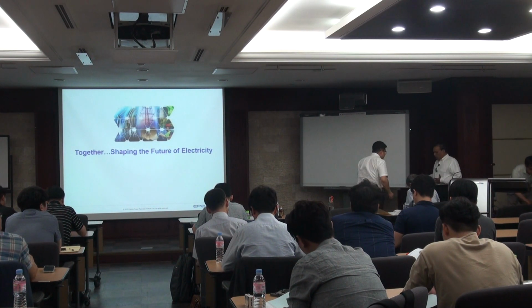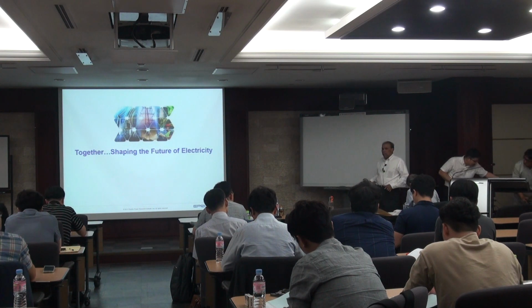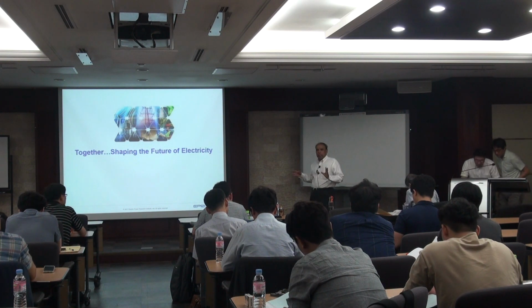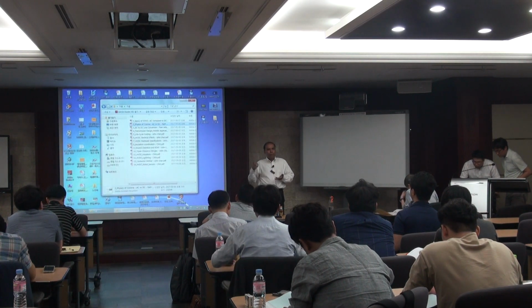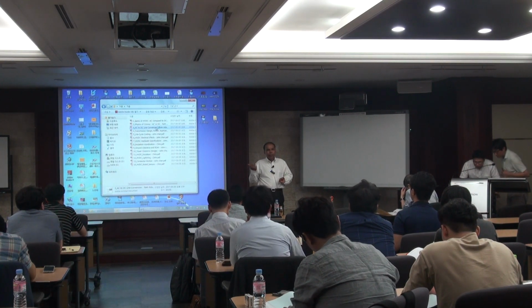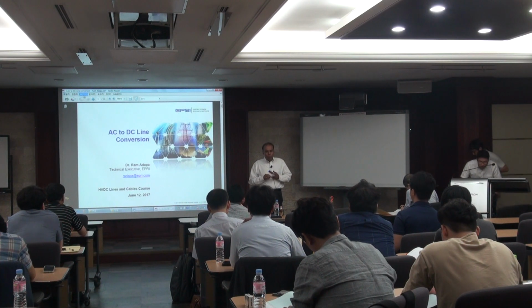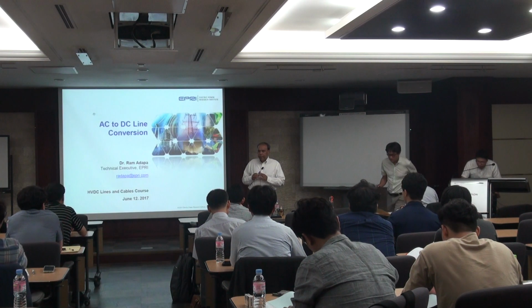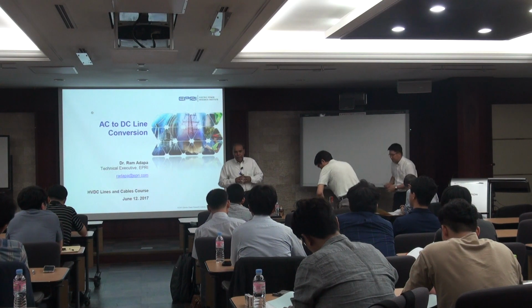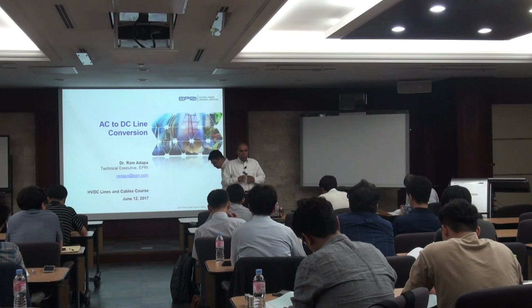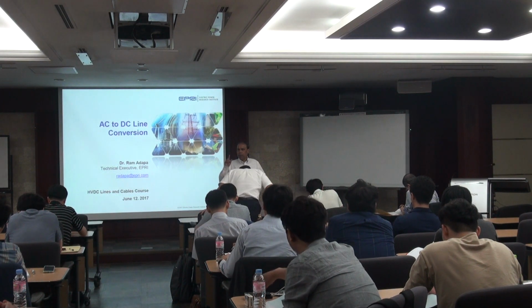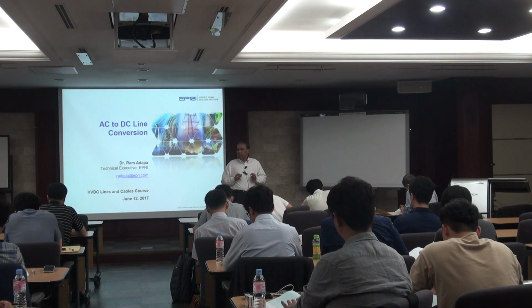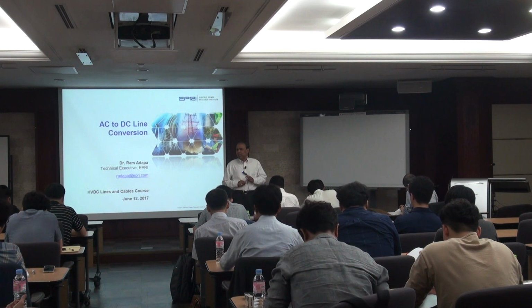What we talked about so far in my presentation is the basics of HVDC, first presentation, and second presentation, basics of Corona. Now what I want to introduce to you is a new thing, converting an AC line for DC operation.